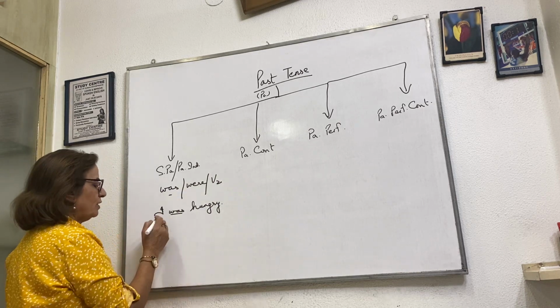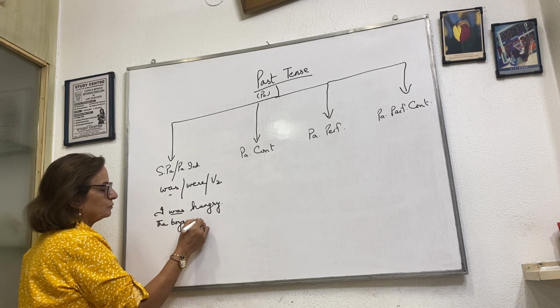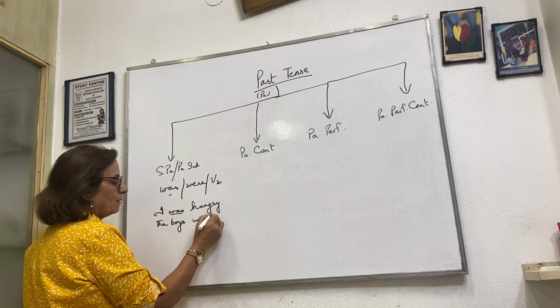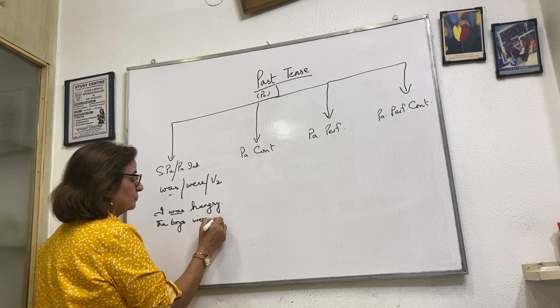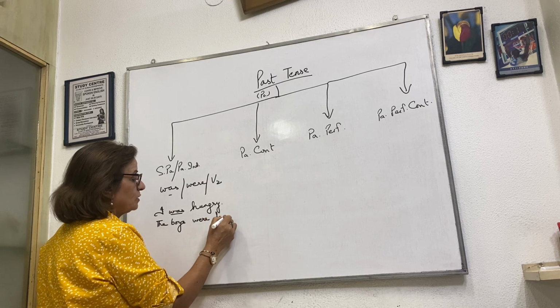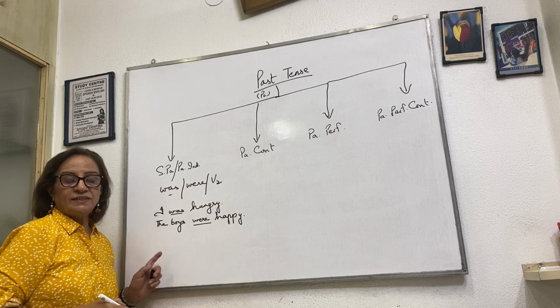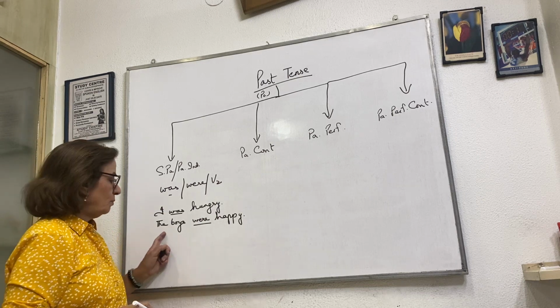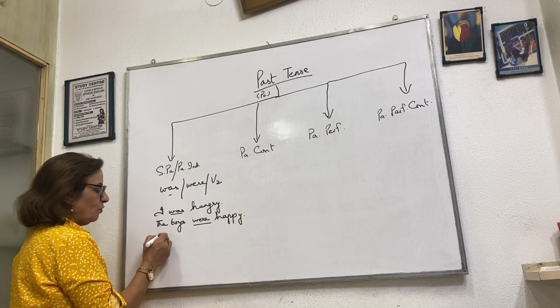Okay. Let's take were. The boys were happy. Okay, we have used were. So this sentence is in simple past. The boys were happy. Let's take verb in the second form.